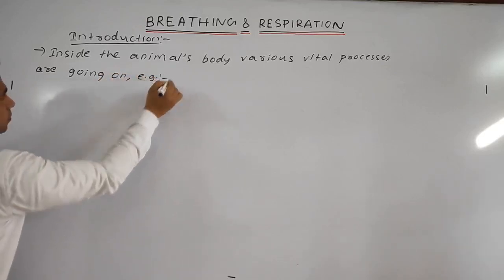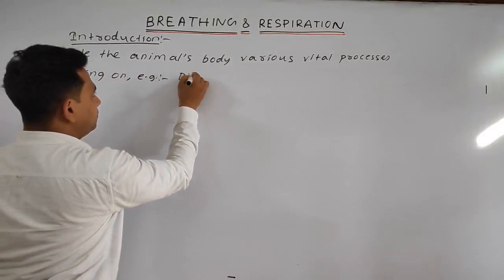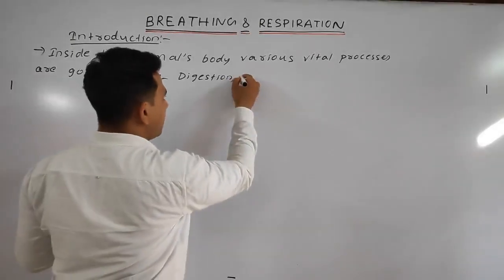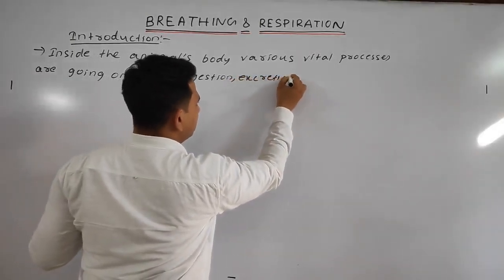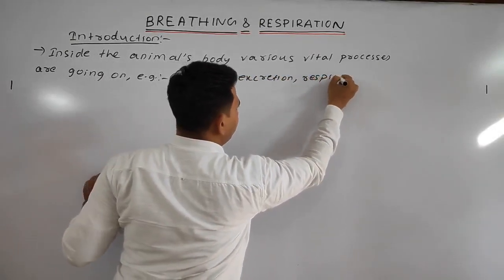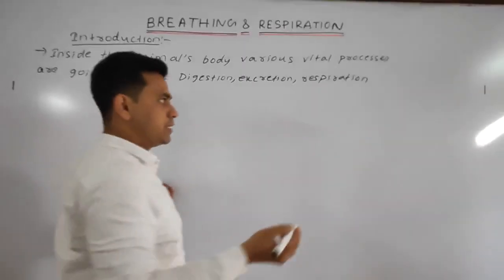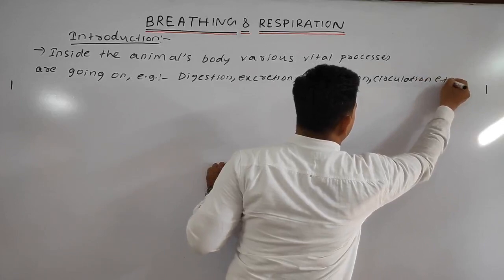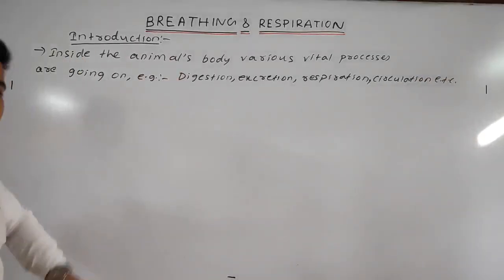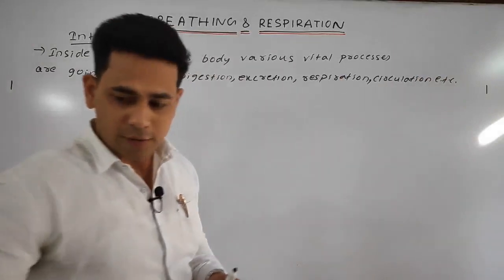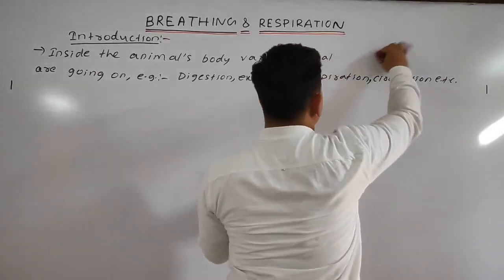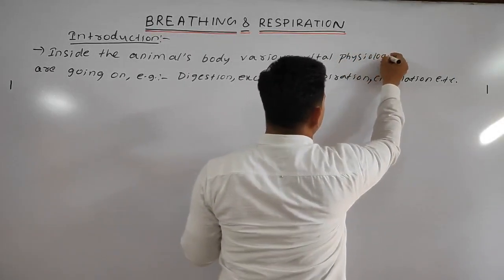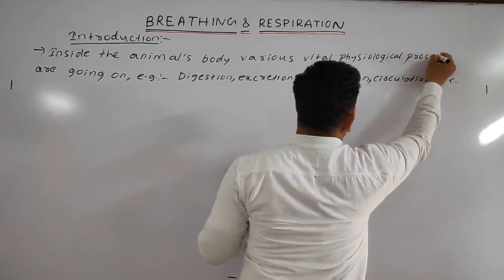Common examples, as I said, are digestion, excretion, respiration, circulation, etc. Or we can say various vital physiological process. It will be better if you write, students, various vital physiological process.